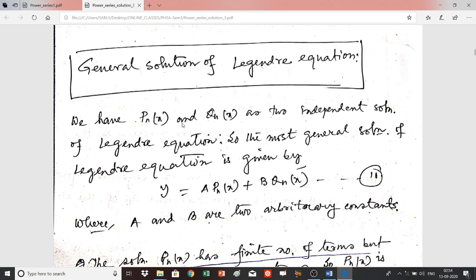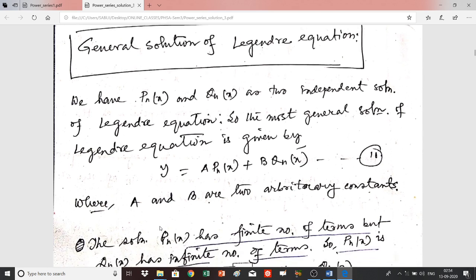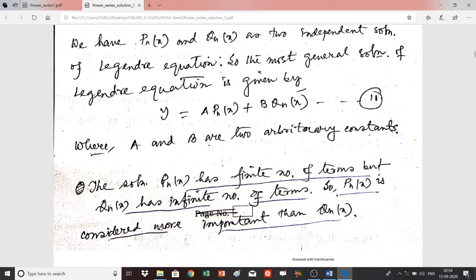So Pn and Qn are the two independent solutions, and the Legendre equation has the general solution, which can be written as y is equal to a Pn(x) plus b Qn(x). That is the linear combination of these two independent solutions. Here remember that a and b are two arbitrary constants.